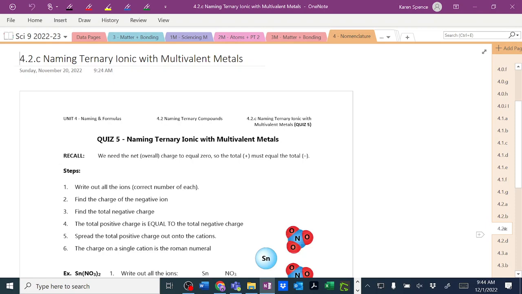But if you don't complete up to quiz number 4, come in tomorrow during flex so I can help you get caught up to quiz number 4. Okay? Hang on, I feel like I wrote 1, but it should have been a 2. There we go.